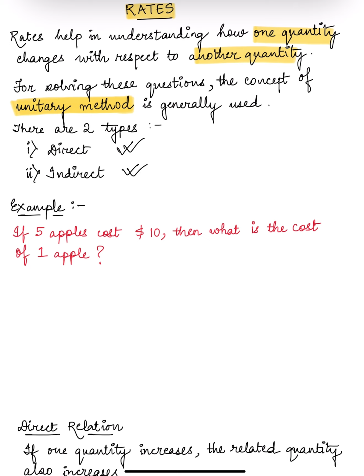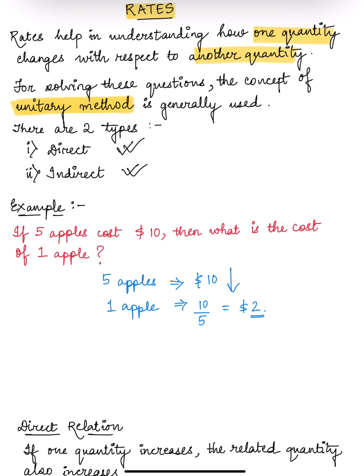We have a simple example here: if 5 apples cost $10, then what's the cost of 1 apple? There are 5 apples costing you $10, right? Now 1 apple should obviously cost less, so it should be 10 by 5, and that is $2.